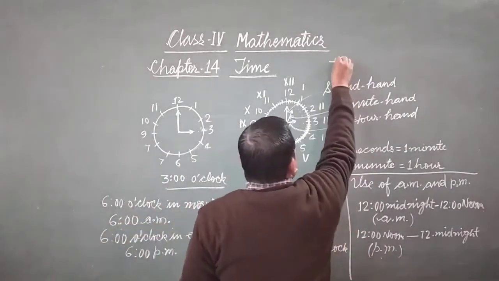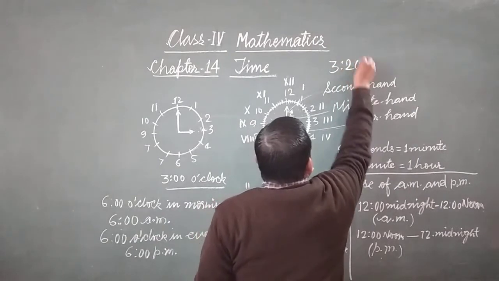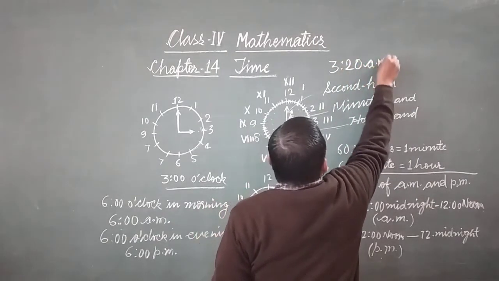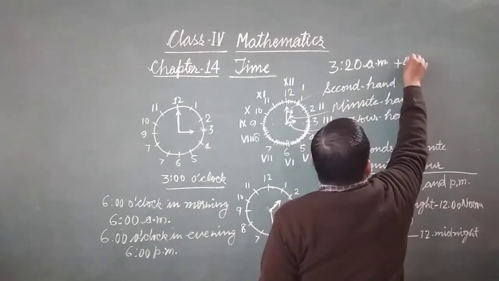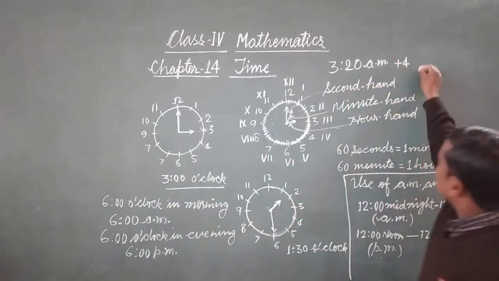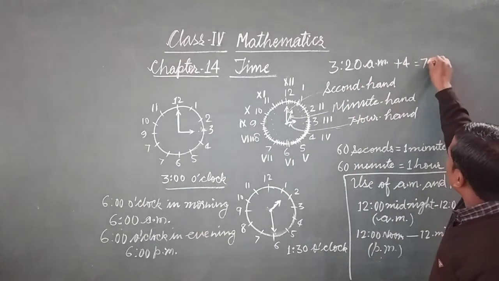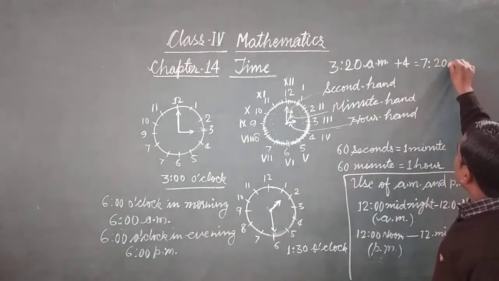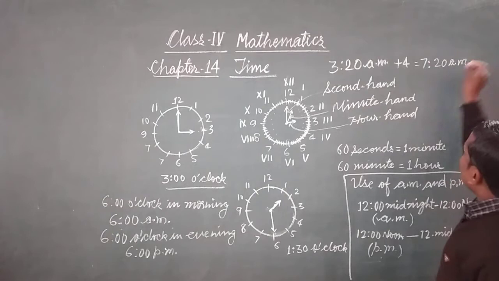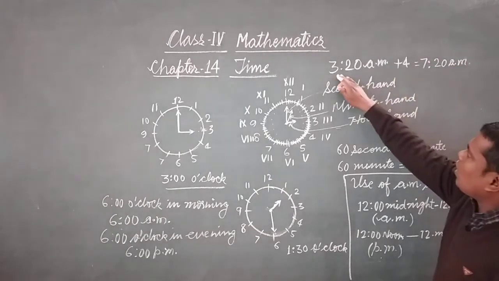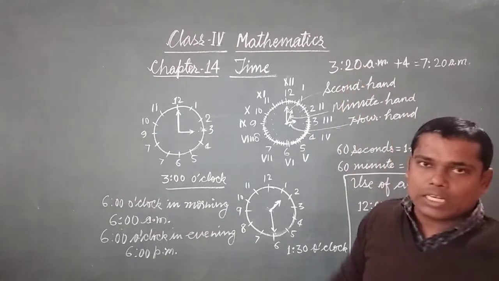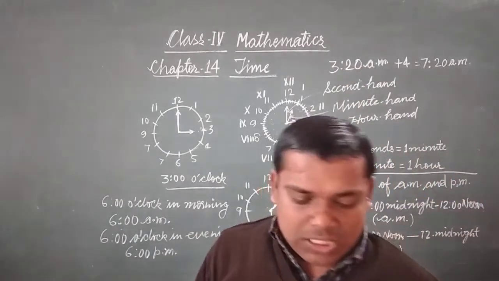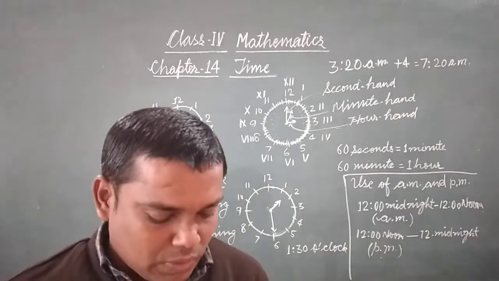You have 3:20 AM right now, and for the time after this you will add 4 hours, 4 to 3 makes 7, so it will be 7:20 AM, because the time is asked after 4 hours. If it is before 4 hours, you subtract from the time to get the answer. So this type of question is given in exercise 14.3.